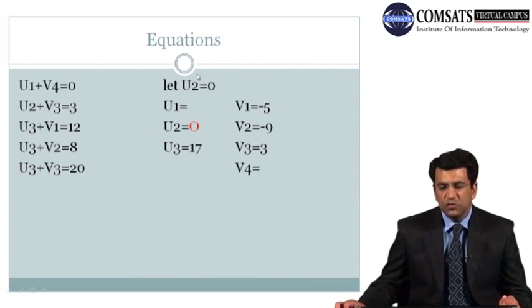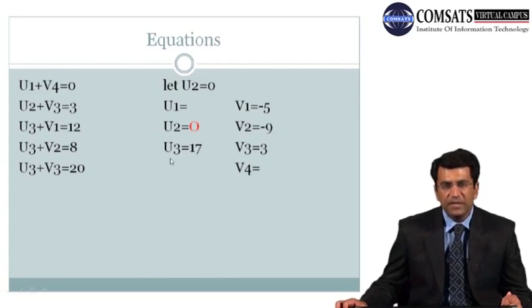Now suppose u2 is equal to 0. We are putting u2 equal to 0 in order to find out the values of the other variables. Now after putting u2 equal to 0 in this particular equation, we can get the value of v3 equal to 3, and if we put this value of v3 in this particular equation, the value of u3 will become 17.